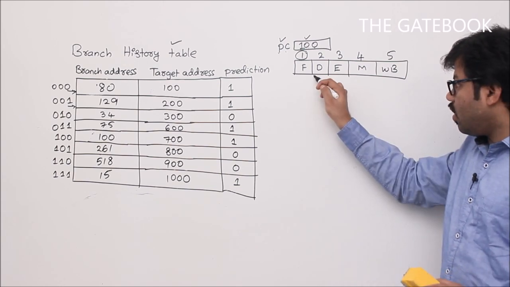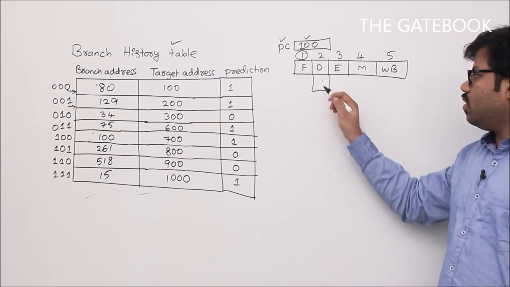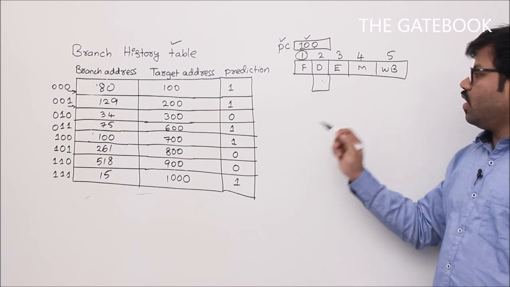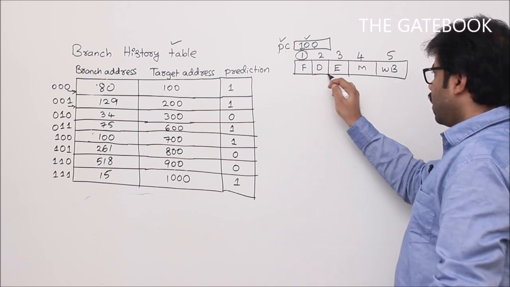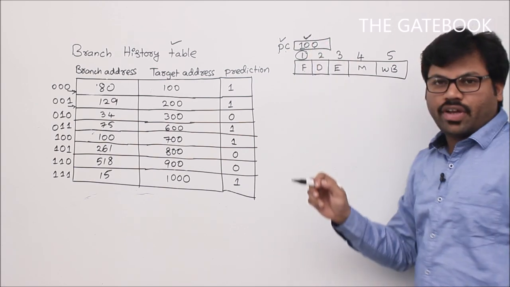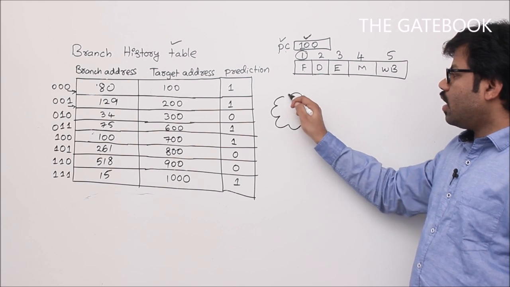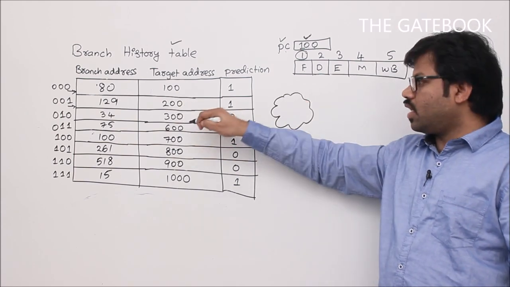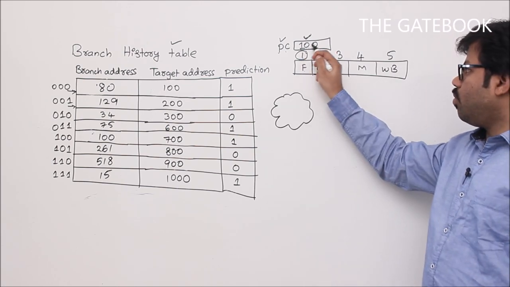Now in the second clock cycle we should properly fetch the instruction. We should guess something and go there. Before that itself we should do everything. So how we will do it, we'll see. In the first clock cycle we will fetch the instruction which is at 100. At the same time we will have an additional circuit, because of which we will be accessing this memory. Take the program counter.